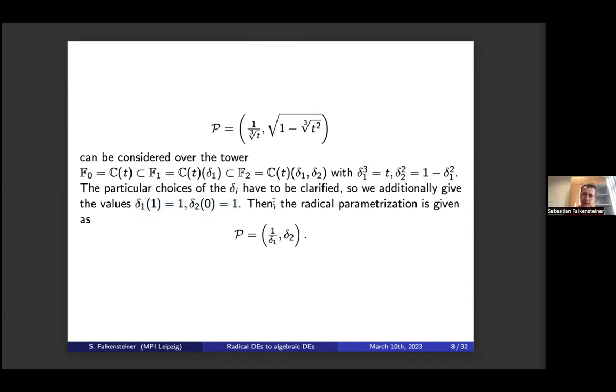And then the radical parametrization can also be written in this way. But the important thing is we have to fix the tower where we consider the radical parametrization. And choosing the tower is non-unique.